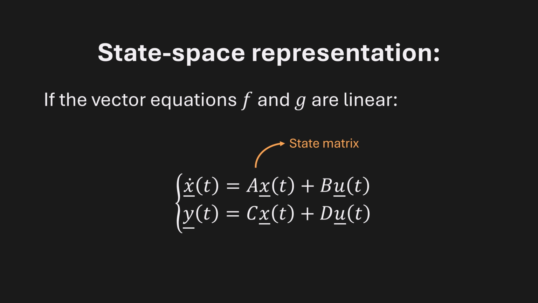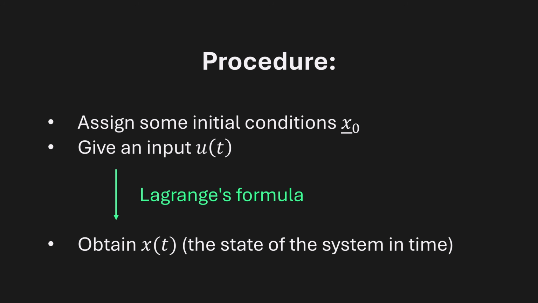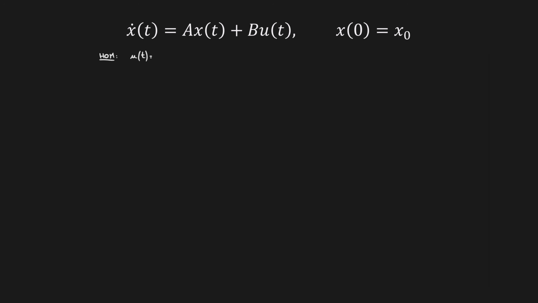If we now assign some initial conditions x of 0 and give an input u of t, through Lagrange's formula, we obtain x of t, which is the state of the system in time. Let us consider the first row, dropping the vector formalism in the written representation. To solve this ODE, we first consider the homogeneous solution, so the solutions when u of t equals 0, with initial conditions x of 0.